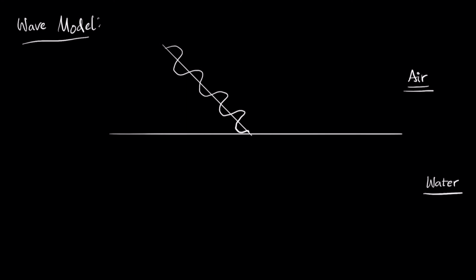If you remember, a light wave generally has a wave structure, which is an electromagnetic wave. The idea here is to remember that each wave has its own wavelength and its own frequency.